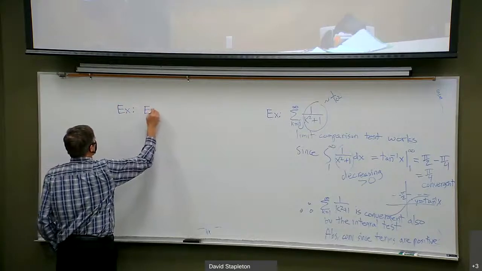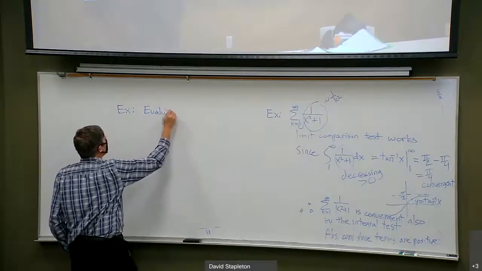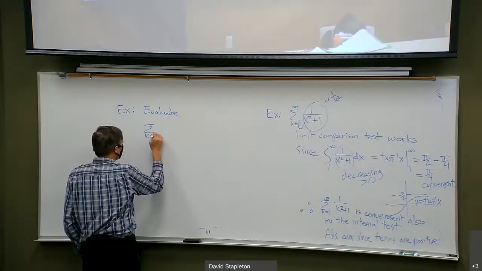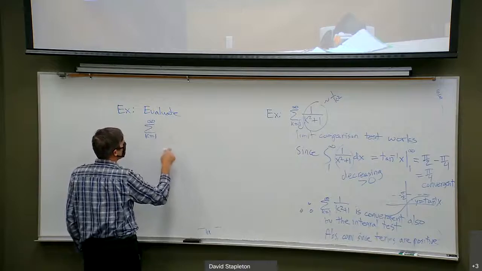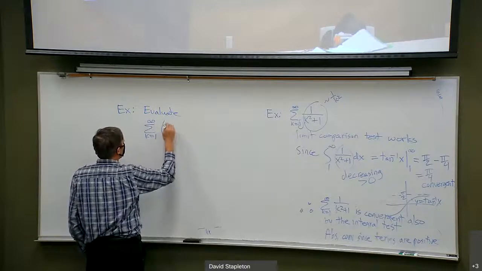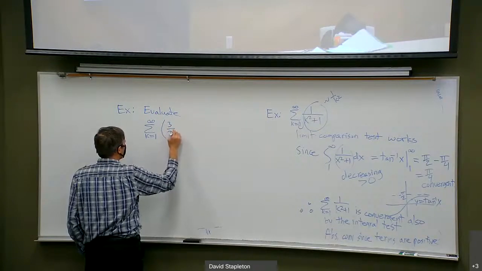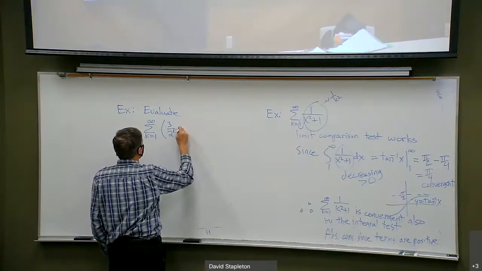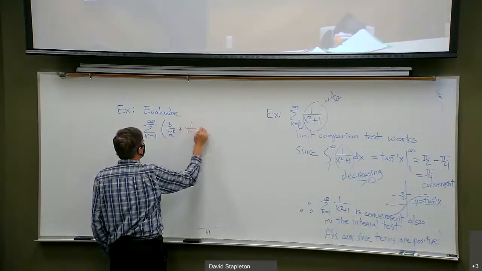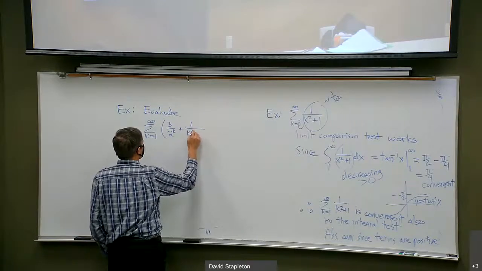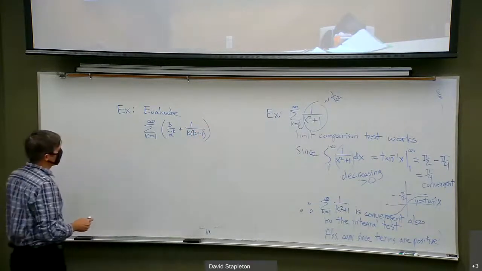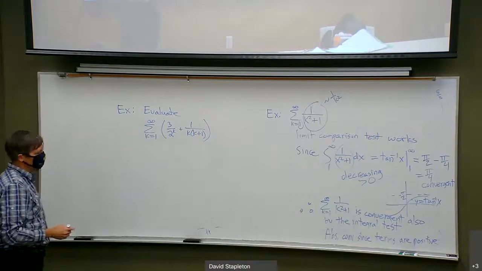Evaluate exactly the sum, k running from 1 to infinity, of 3 over 2 to the k plus 1 over k times k plus 1. How about that one? This is as hard as you can get for actually evaluating it.